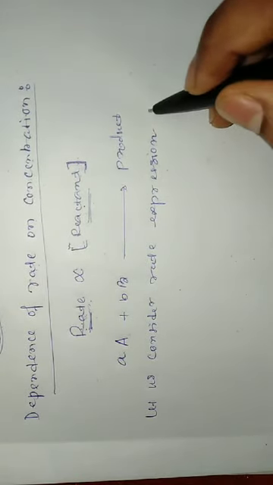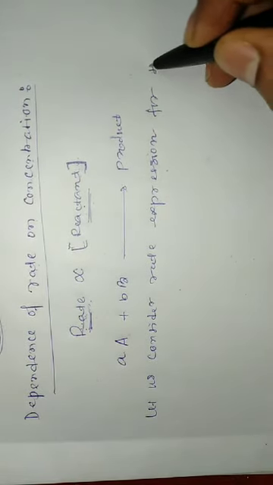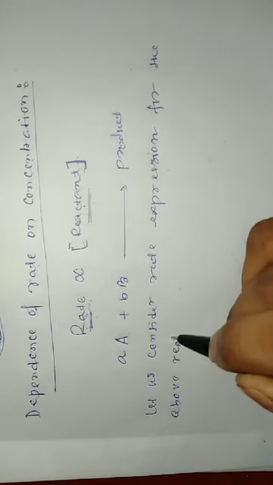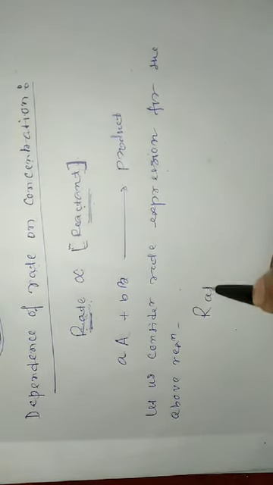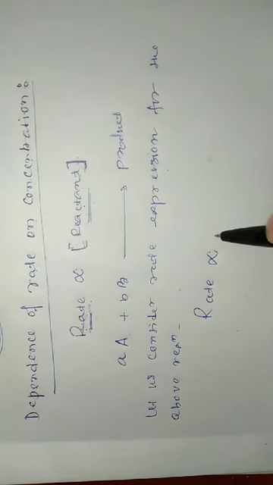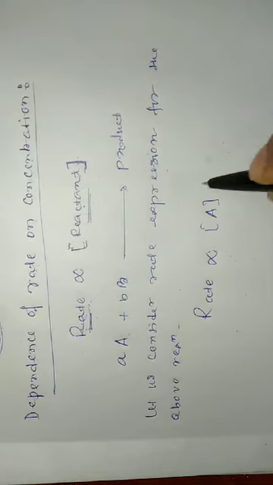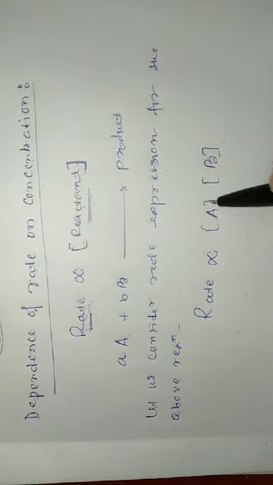For the above reaction, rate is directly proportional to the concentration of reactant A and the concentration of reactant B. So reactant A and reactant B both will have a definite exponent, a power.